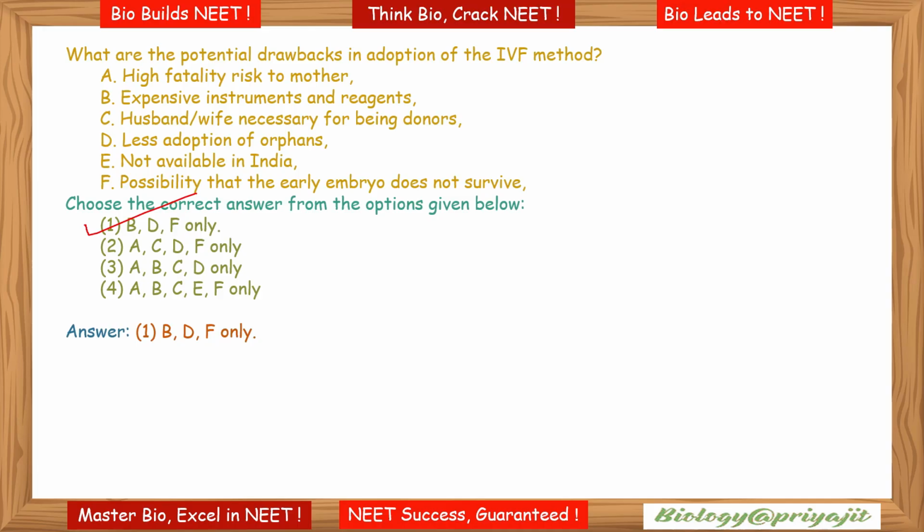Second, less adoption of orphans, as in India we have so many orphaned and destitute children who would probably not survive till maturity unless taken care of. The in vitro fertilization methods reduce the chances of legal adoption of orphan children. There is always a possibility that early embryos formed by in vitro fertilization methods do not survive.